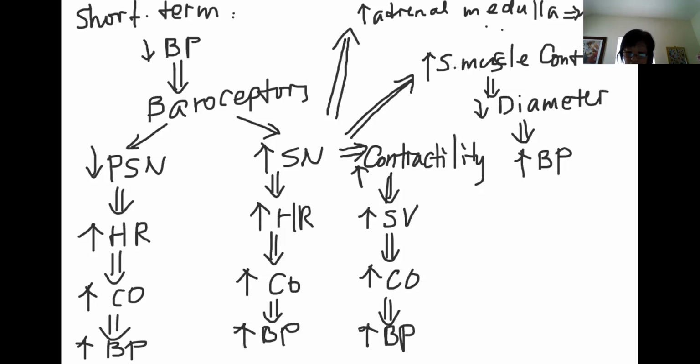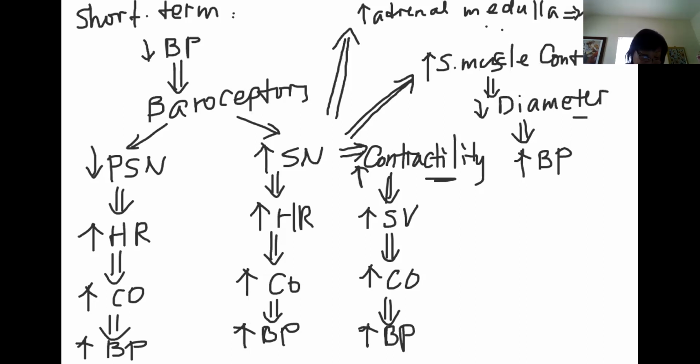Now you know norepinephrine. What is the effect of norepinephrine? Make a muscle contract more. Contractility, okay. Change diameter. So basically very similar effect.